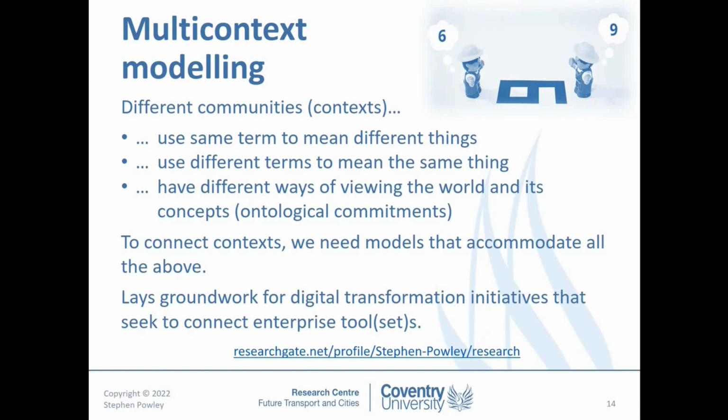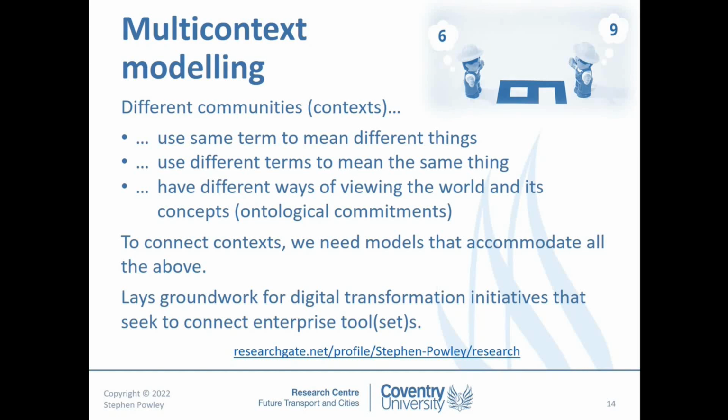And that's why it's useful to develop conceptual models, so models of concepts and the relationships between them, also known as ontologies. And these ways of viewing the world can be understood through foundational ontologies and developing an understanding of what are known as ontological commitments.